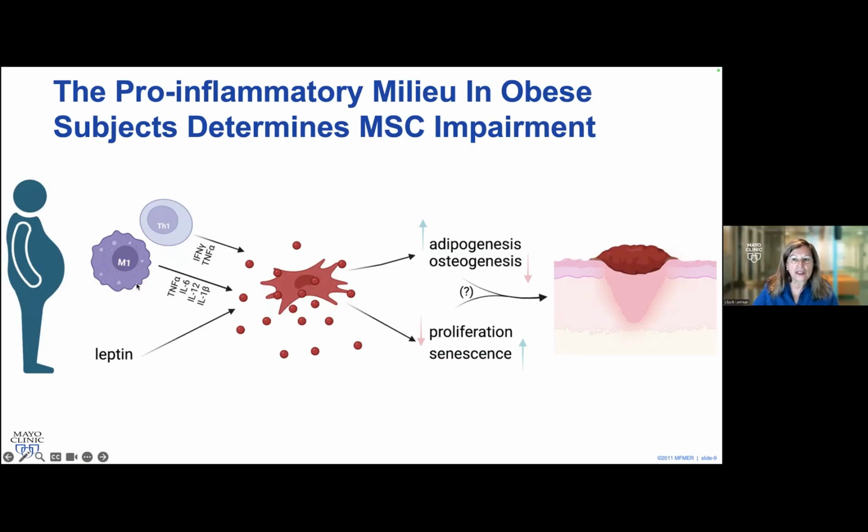This means that it induces adipogenesis, decreases osteogenesis and proliferation, and also increases cellular senescence, which may lead to premature cellular death. All of these interfere with stem cell function. What mechanism can make this happen in obesity?